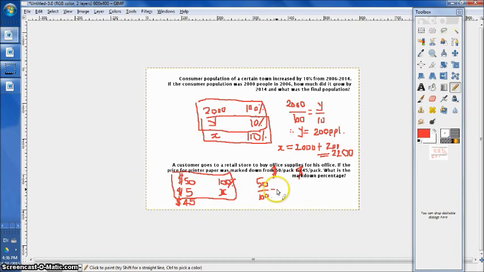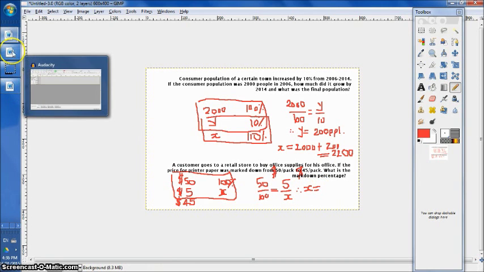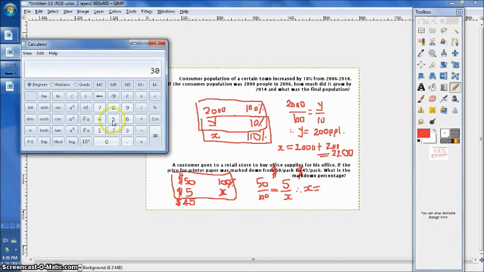So therefore x equals 5 times 100 all over 50. So my x equals 10. So my markdown percentage is 10%.